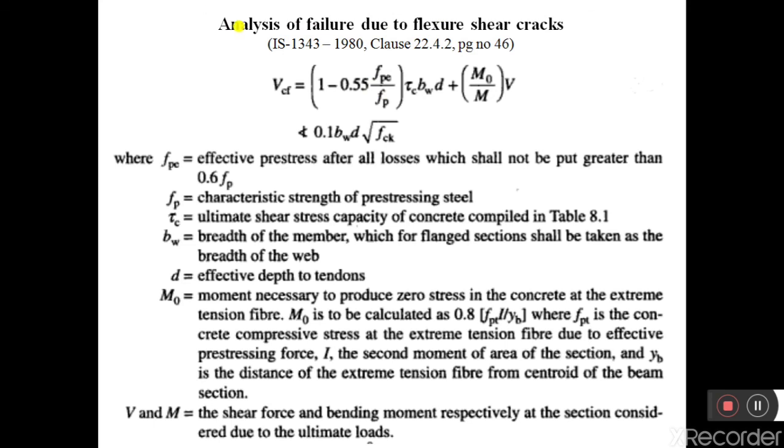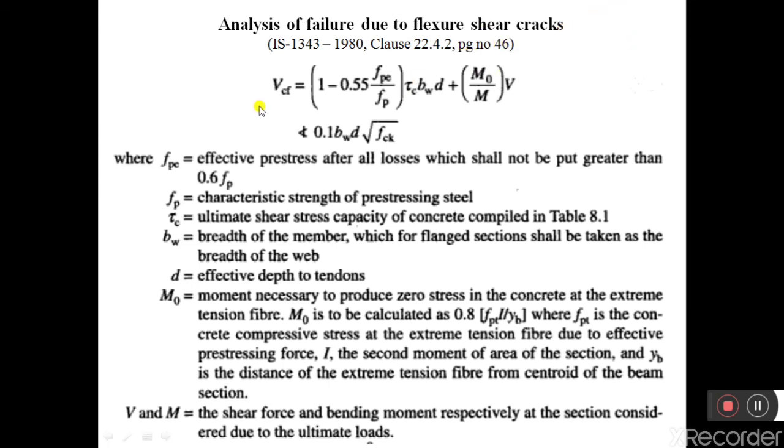This formula is given in IS 1343-1980 in page number 46, clause 22.4.2. If you go to page number 46 of IS 1343, you can find the formula both for flexural shear cracks as well as for web shear cracks. So remember page number 46.